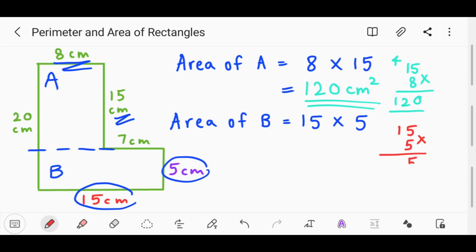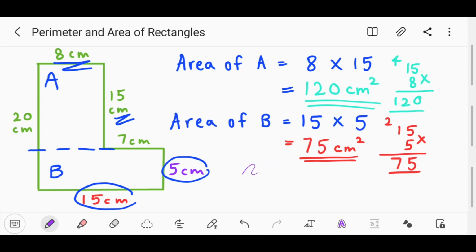So I'm going to write the 5 over there and carry forward the 2. 5 times 1 is 5 and adding the 2 that has been carried forward makes up 7. So the area of B is 75 centimeters square. Don't forget to write the centimeter square in this as well.